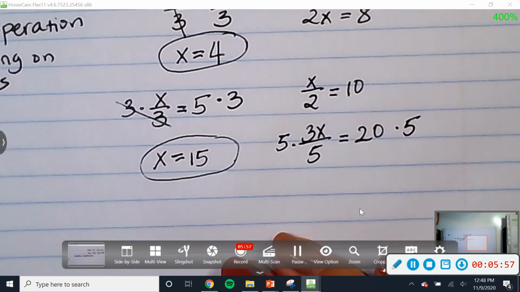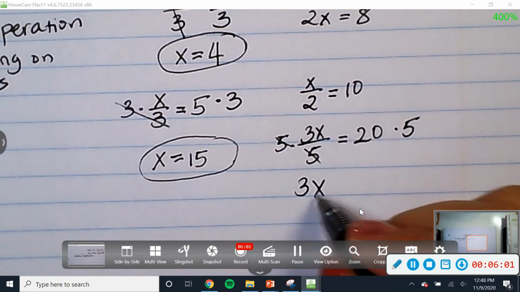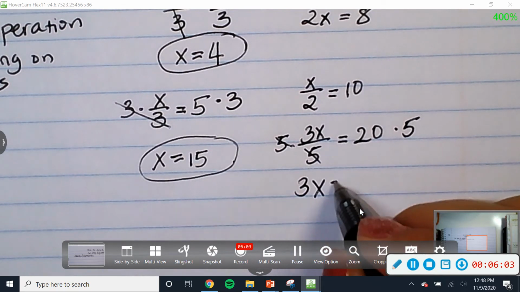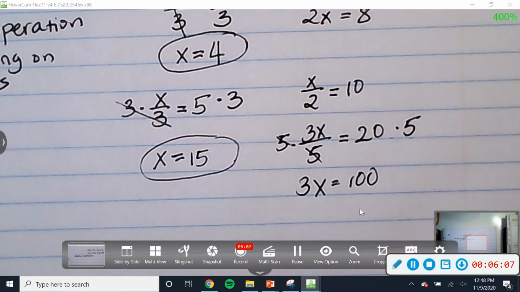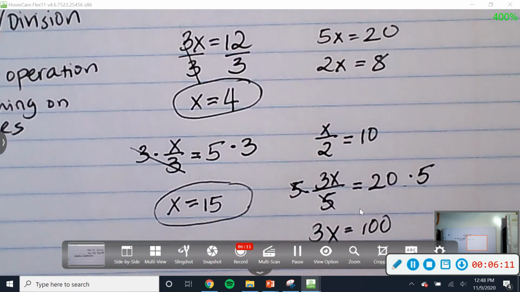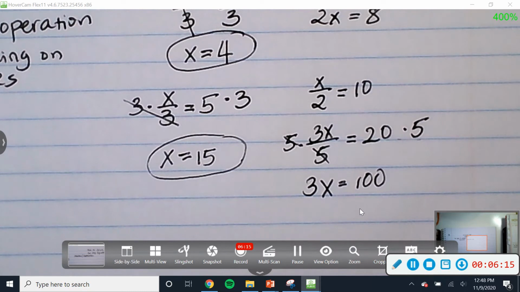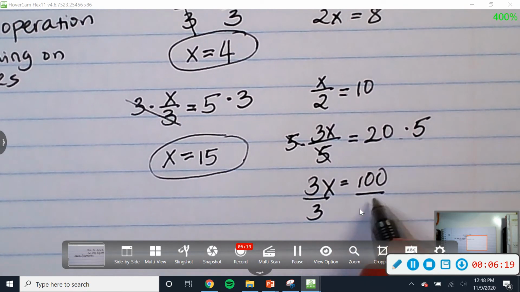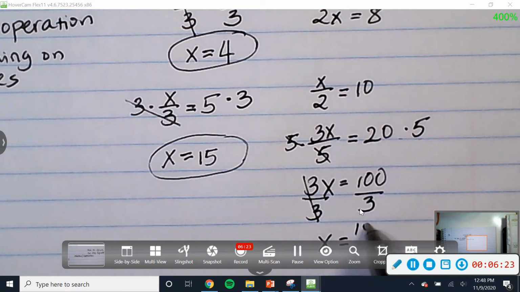If I were to solve this problem and I multiplied 5 on both sides, I would want to make sure that I keep this 3x here, solve on the other, and now we can see that this actually looks like the problems we saw above. We have 3x equals 100, and we know how to solve those already. We'll use division, so that we have x equals 100 over 3.